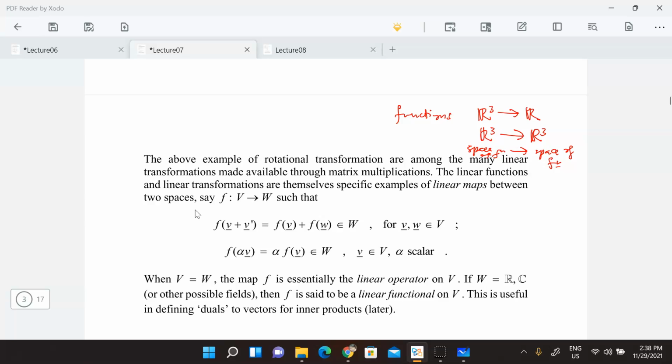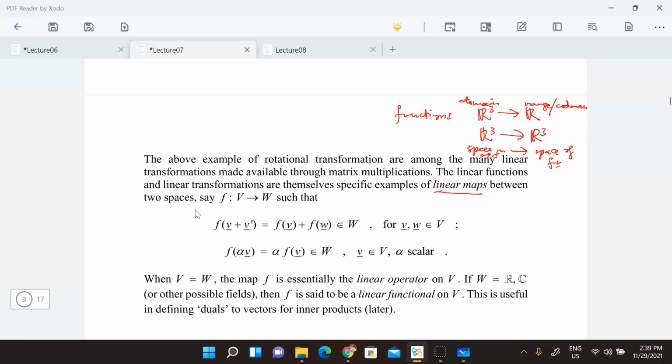One could consider the idea of linear maps in general. So I may want to generalize: this is what we call the domain, and this is what we call the range, or sometimes the codomain. Then I can generalize the idea of domain and codomain and talk about linear maps in general.